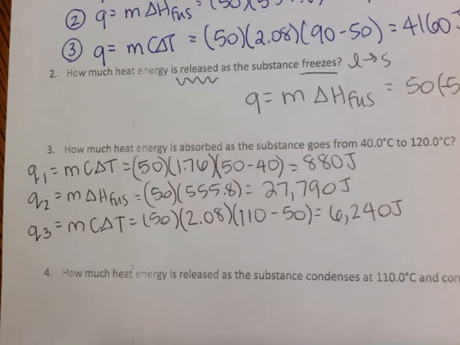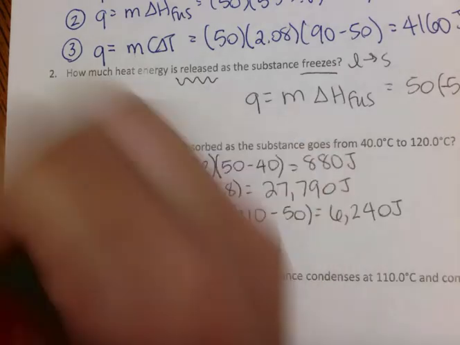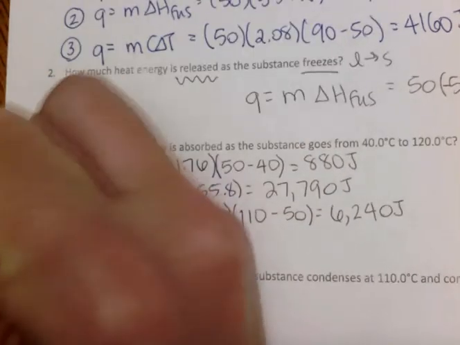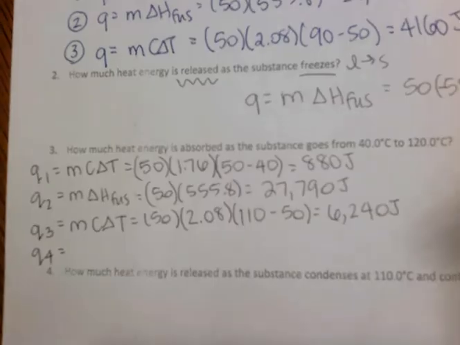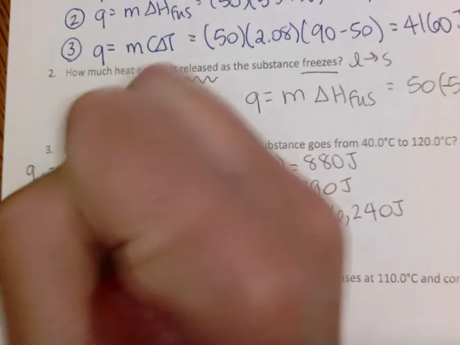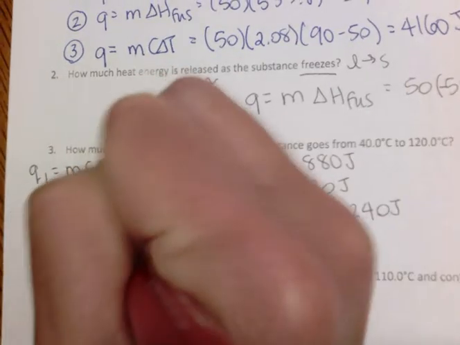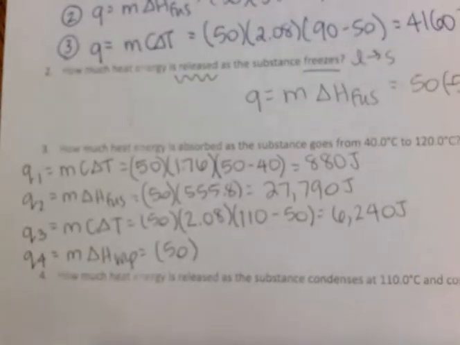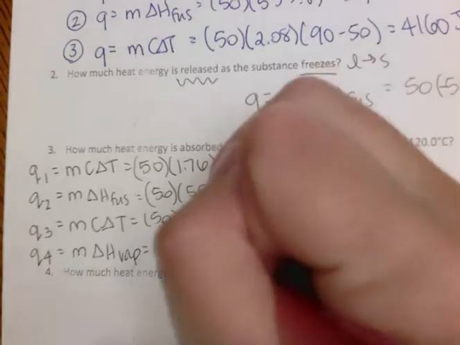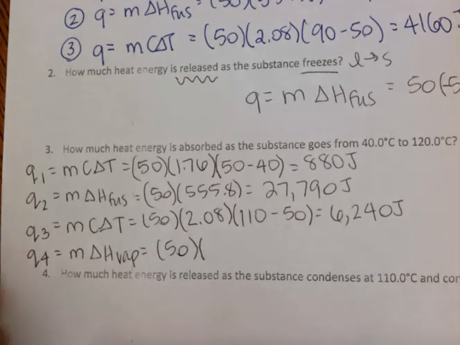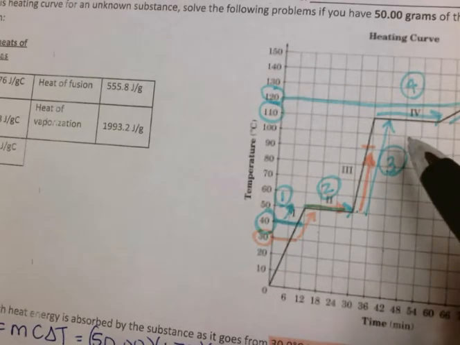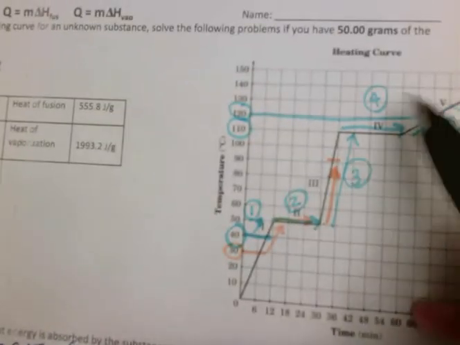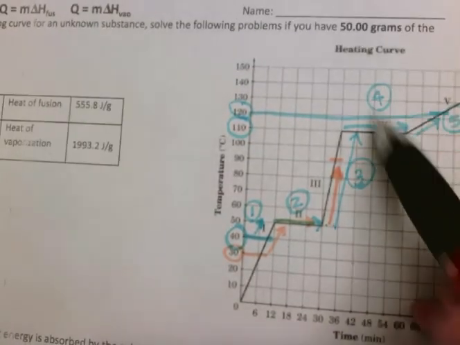Okay. Then in Q4, we have to vaporize the substance. So M times delta H of vaporization, the mass doesn't change. Mass is conserved. But the delta H of vaporization, again, I know I'm vaporizing because I'm going from a liquid to a gas. That's this step 4.